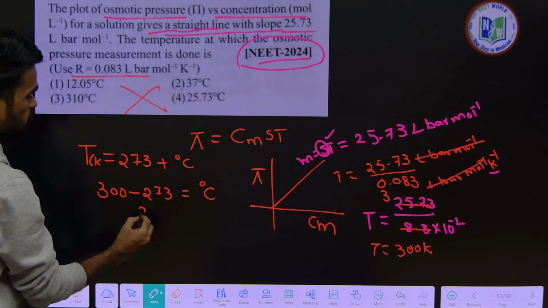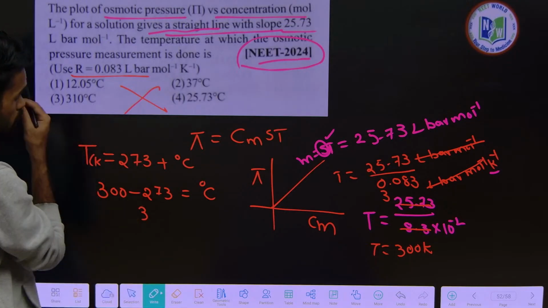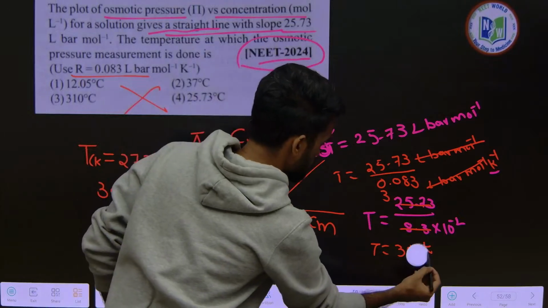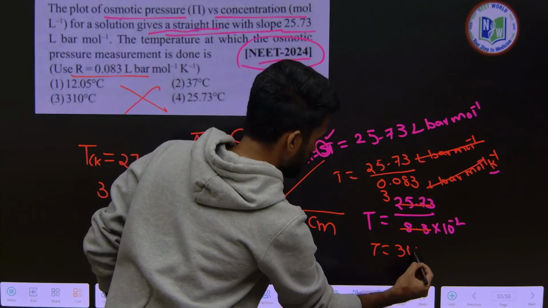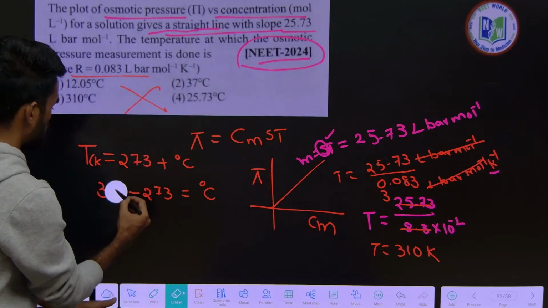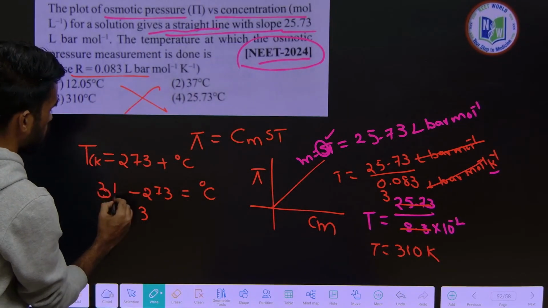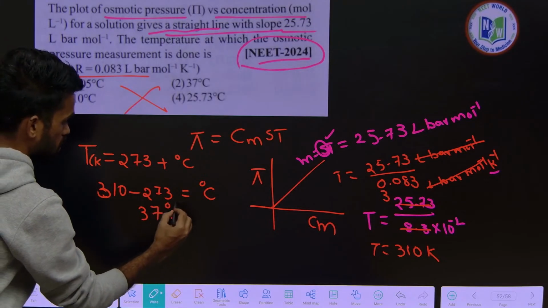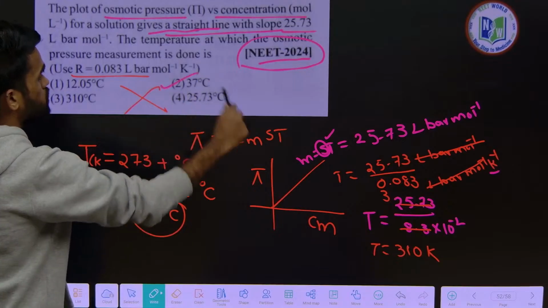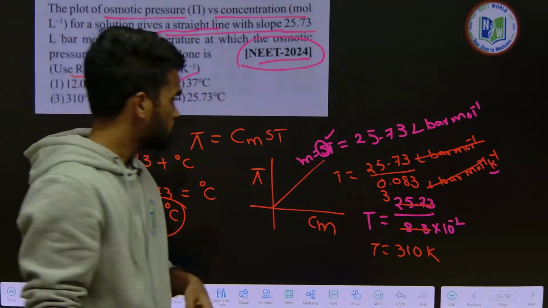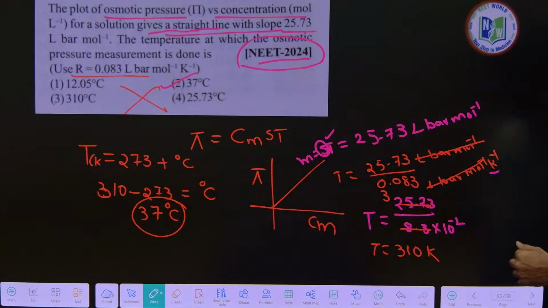Here it will be 310 kelvins, 310 minus 273, so it will be 27 degrees Celsius. That's it. This is our answer. Option number 2 will be the perfect option for the question. Hope this is also clear. Let me move forward.